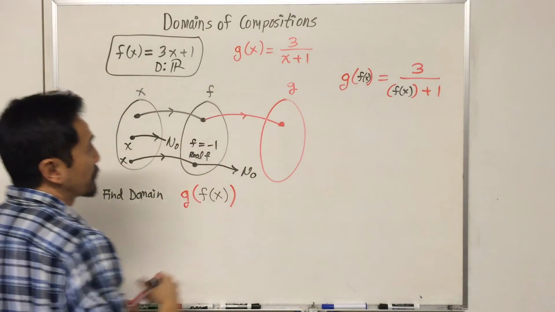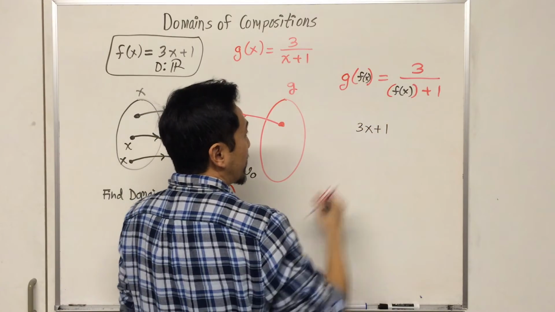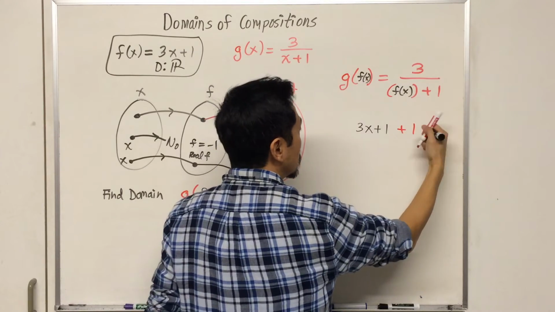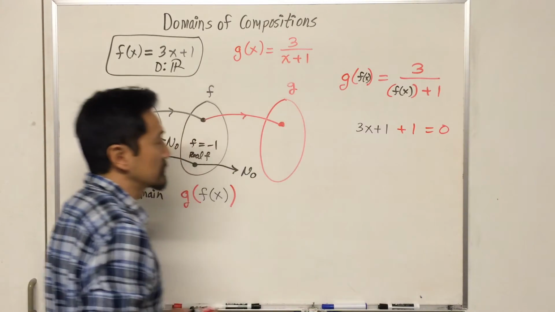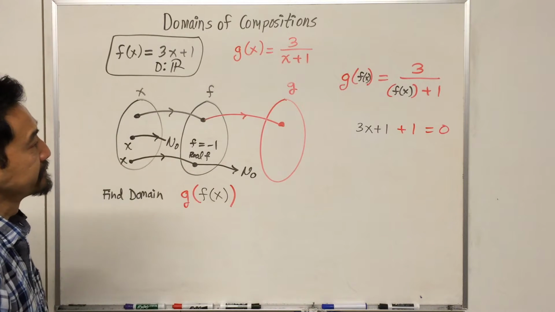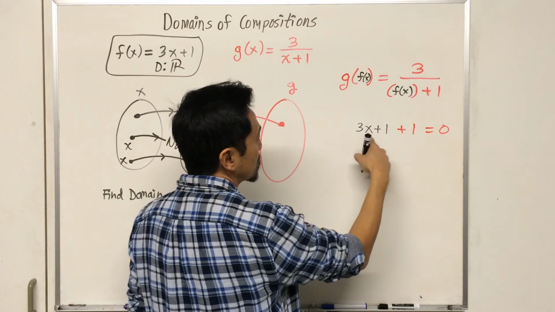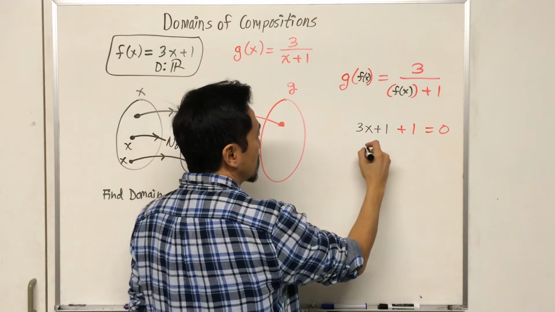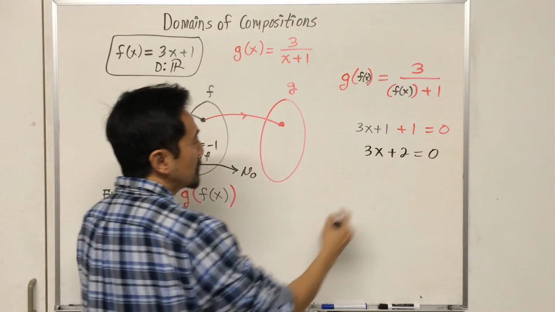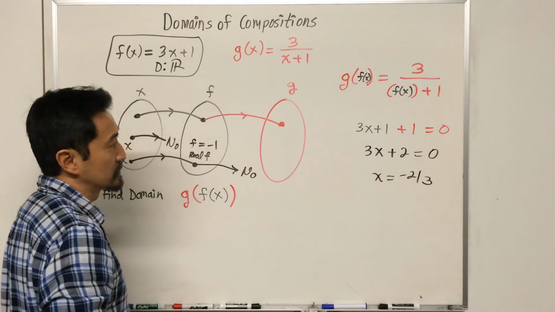So that's what we need to figure out. That f in black, when it adds with that 1 in red from the g function, how can we produce a 0? Okay, so you can see that we have to solve this equation for x in black. So we end up with 3x plus 2 equals 0, and then solving that equation, x is -2/3.